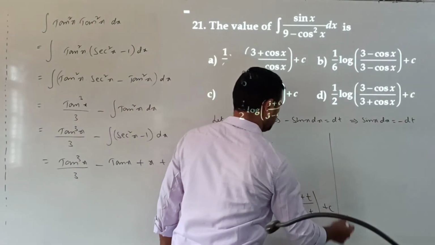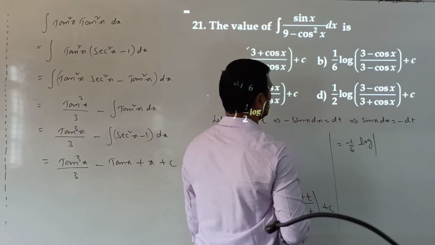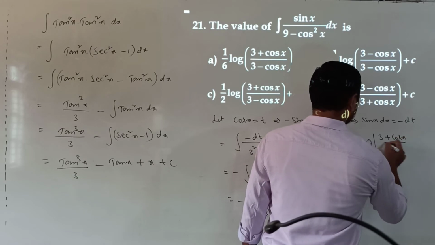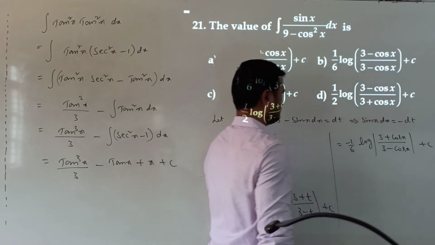So it is minus 1 by 6 log mod 3 plus cos x divided by 3 minus cos x plus c.